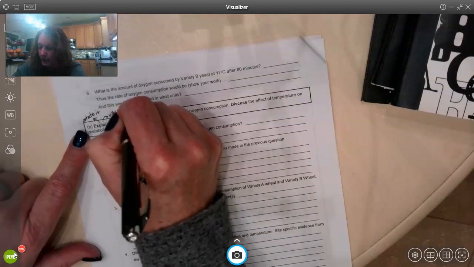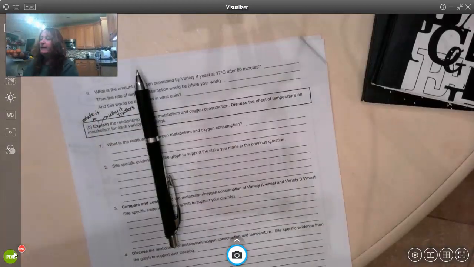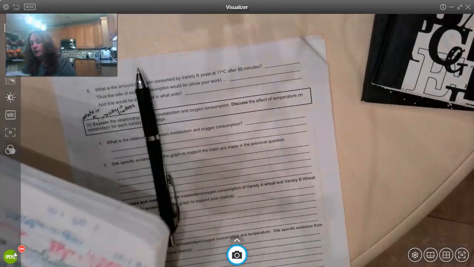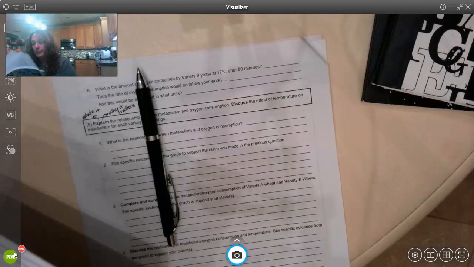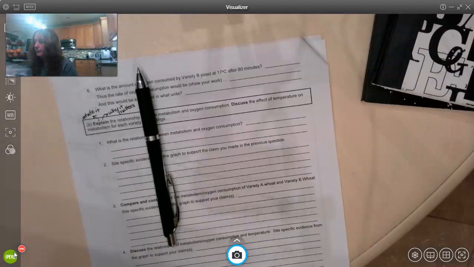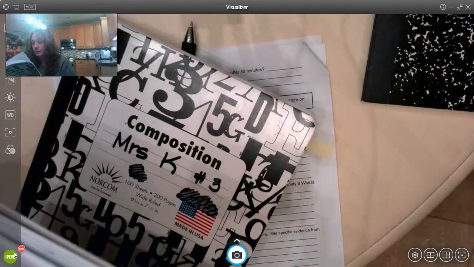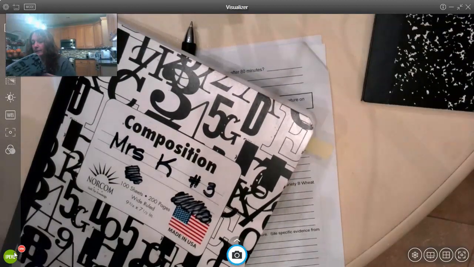We did this. Is it in this one? Well, we did it when we did the one with the phospholipids. I think it's in this one. You know what I'm looking for, right?